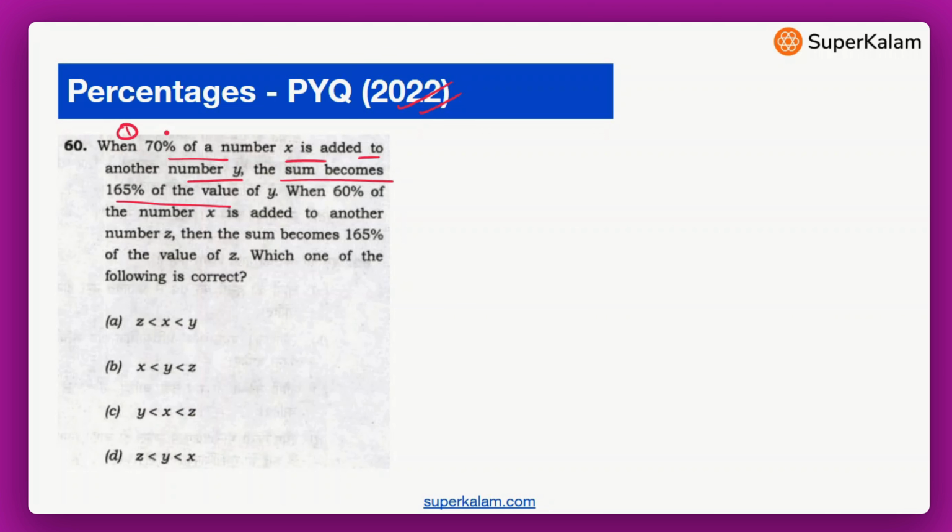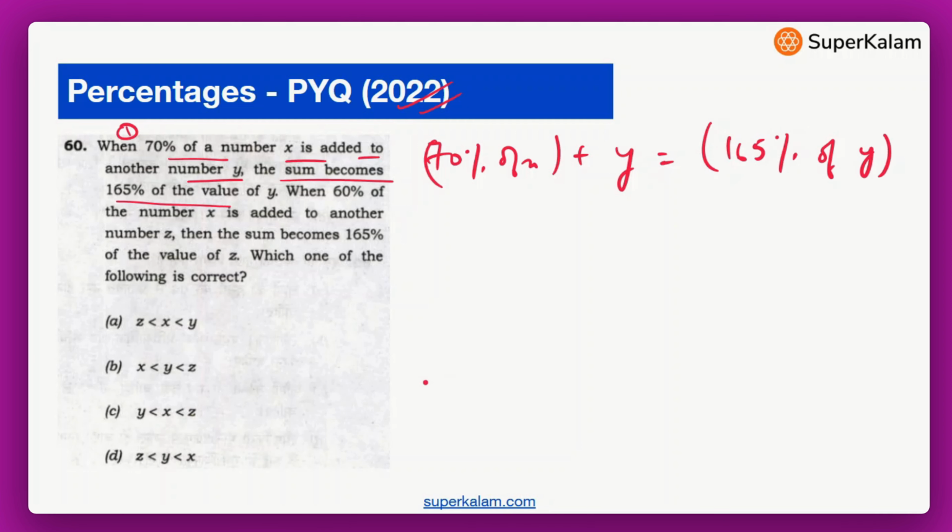To write in mathematical terms, if 70% of x is added to another number y, then the sum becomes 165% of y. We can also write it as 70 by 100 of x plus y is equal to 165 by 100 of y.